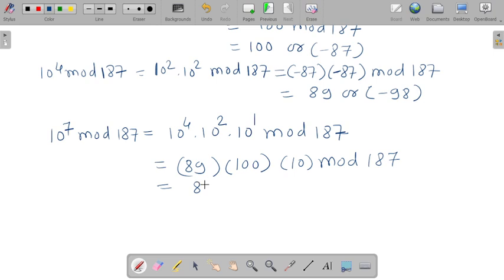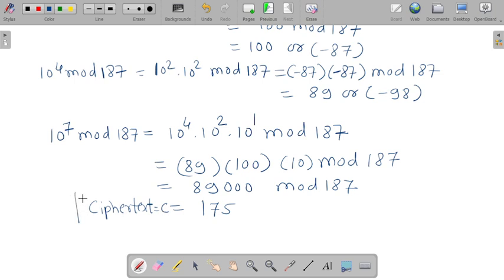So you will get 89000 mod of 187, and when you calculate using a calculator, you will get the value 175. That is the answer for your ciphertext. So in this way, we have found the value of our ciphertext.